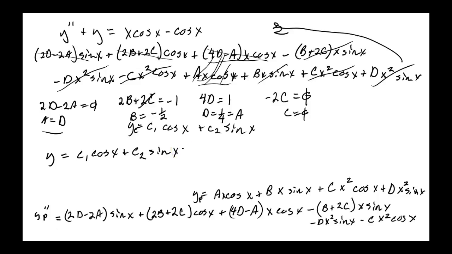Your A was 1/4, so plus 1/4 x cosine x, minus 1/2 x sine x.